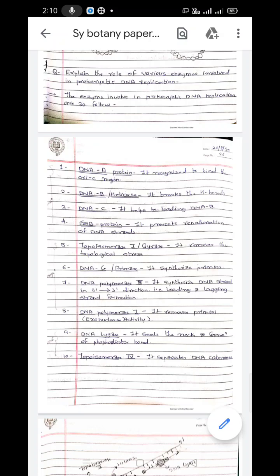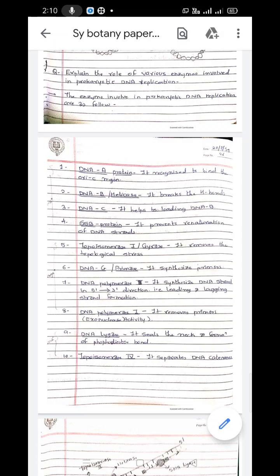After the formation of primers, the DNA polymerase 1 enzymes work and form DNA strands in the 5' to 3' direction. That means some are discontinuous strands and some are continuous strands, formed with the help of DNA polymerase 1.